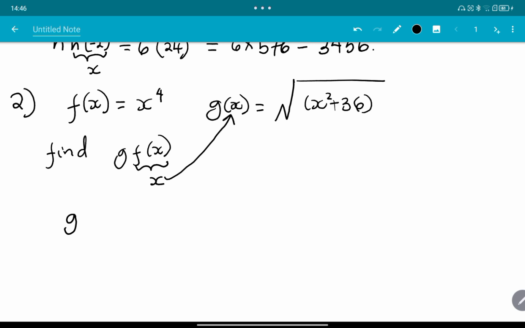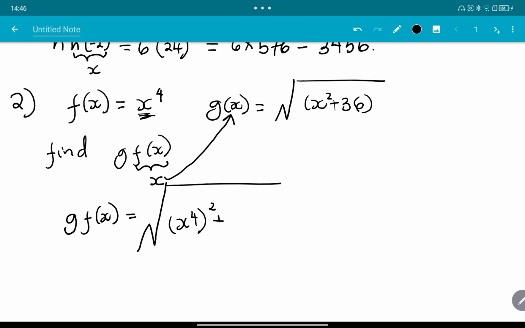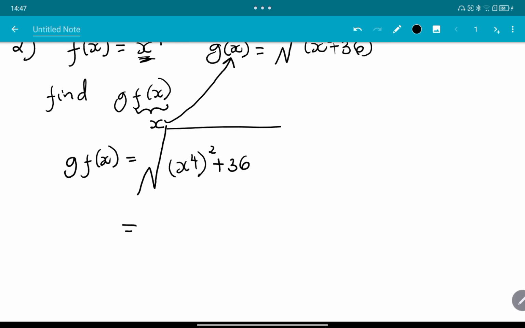Therefore, g of f of x becomes the square root of, instead of x squared, we put this function, x power 4 squared, plus 36. Therefore, this gives me the square root of x power 8 plus 36, since x power 4 squared is x power 8.